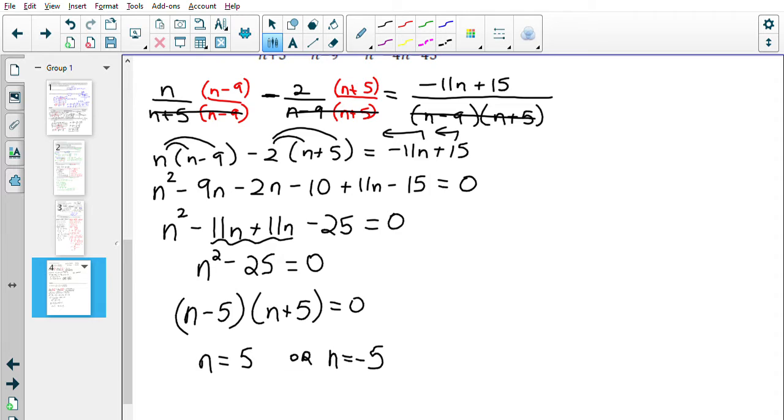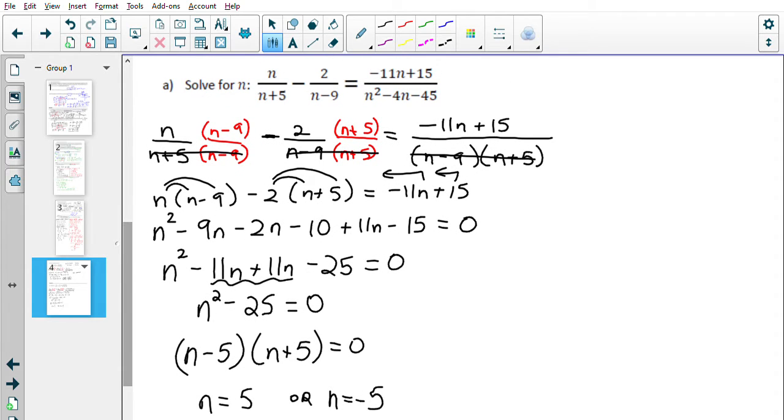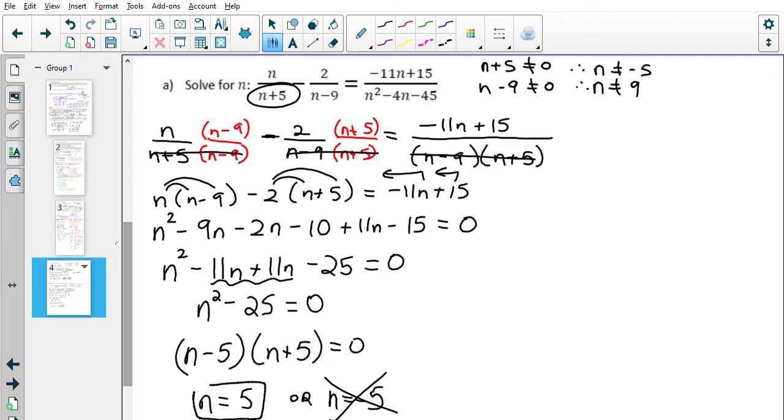Going back to my original, remember n plus 5 cannot be 0, so n is not allowed to be negative 5. So that answer's gone. N minus 9 is not allowed to be 0, so n cannot equal 9. I don't have that as a potential solution, so this is just the one I have to go check.